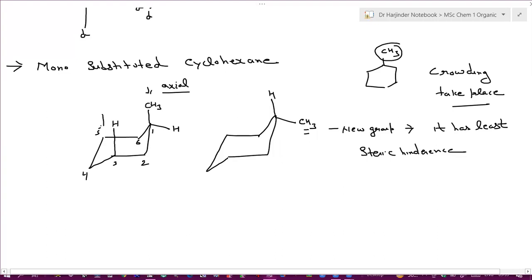Yes, here. Now as I told you, these axial bonds are present in a plane perpendicular to these four carbons. That means these axial hydrogens present over here are also parallel to this methyl.